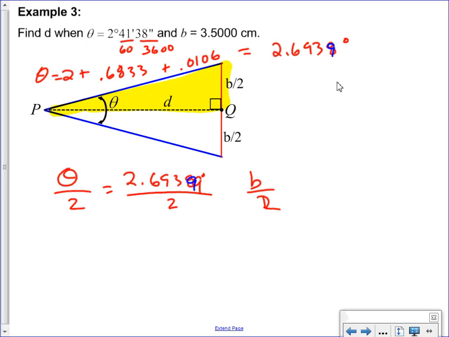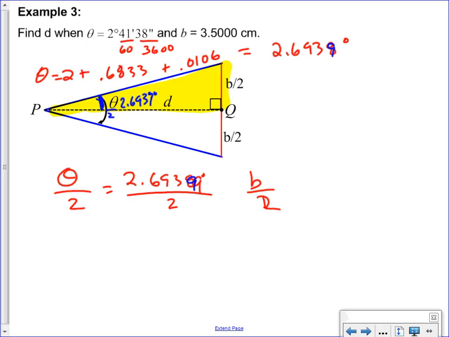What that does is, now you found this angle right here is half of theta, which is 2.6939. No, we just found the whole theta.